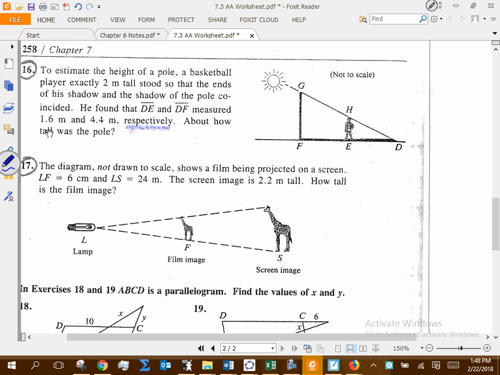So obviously in this question, if you didn't know what that meant, you could probably figure out that the short distance DE is 1.6, because they give you the picture, and the long distance DF is 4.4. You could have done that without that wording. Of course, exams might not give you the picture. Then you're in a tough situation, right?